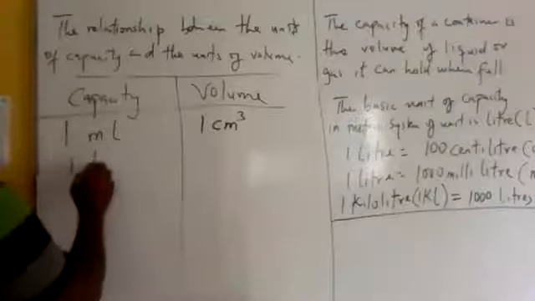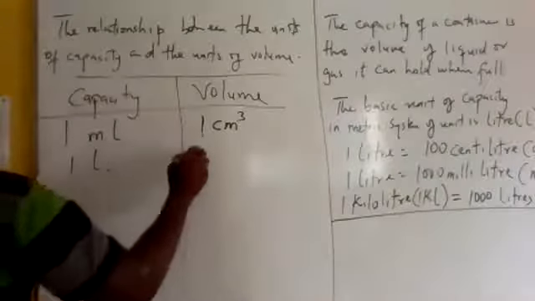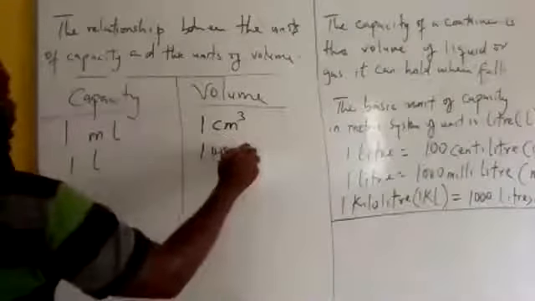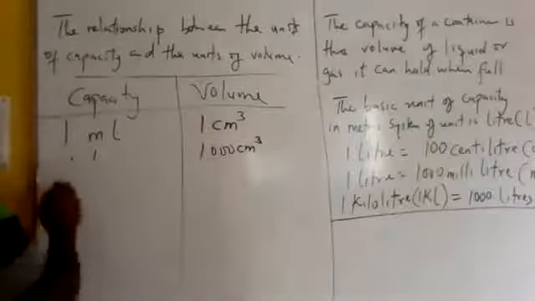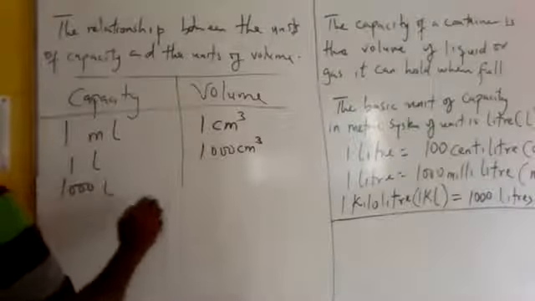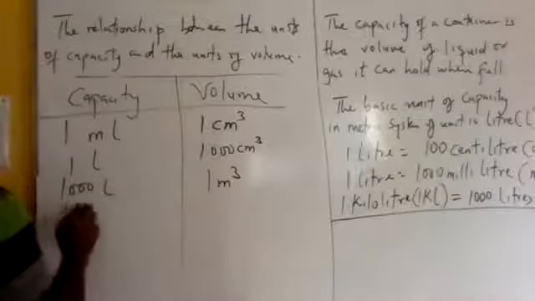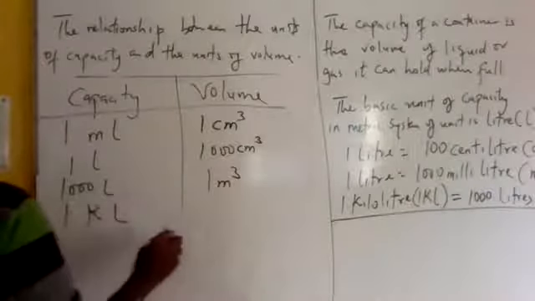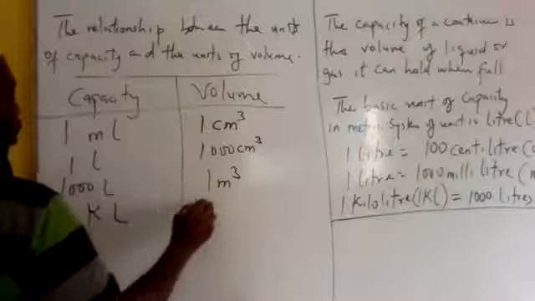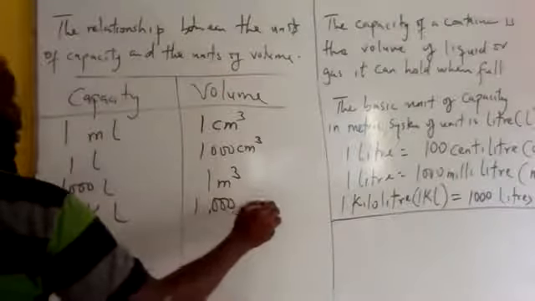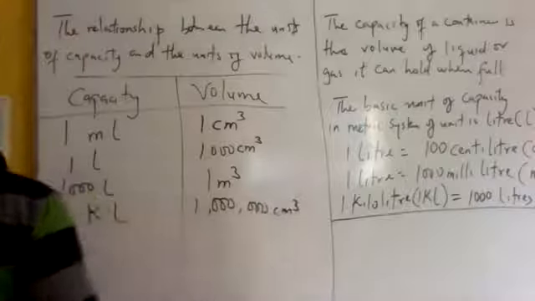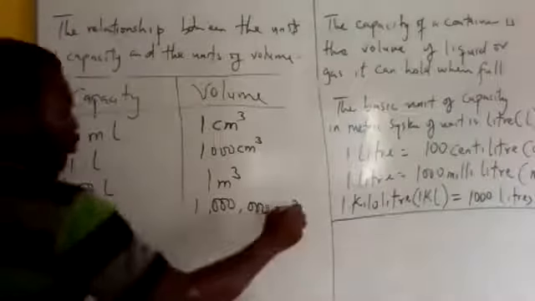Then 1 liter is equal to 1,000 centimeters cube. 1,000 liters is equal to 1 meter cube. And 1 kiloliter is also equal to 1 meter cube. Very simple.